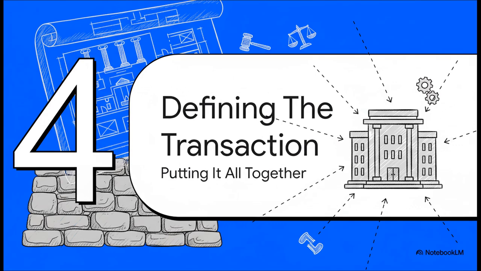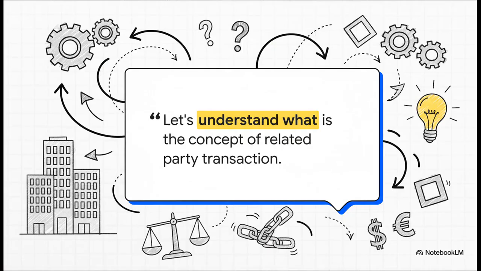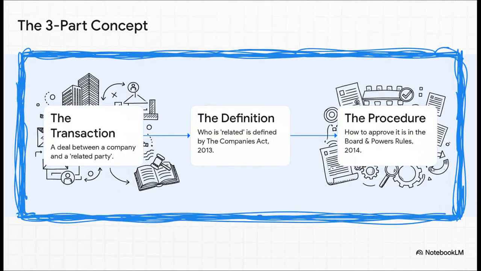Okay, so we have the foundation and we have the blueprint. Now that we have those two crucial pieces in place, we can finally put our definition together. So, let's just take our cue directly from the source material itself and focus on a really simple goal here. Let's truly understand the concept of a related party transaction. And here it is, broken down into three simple parts.